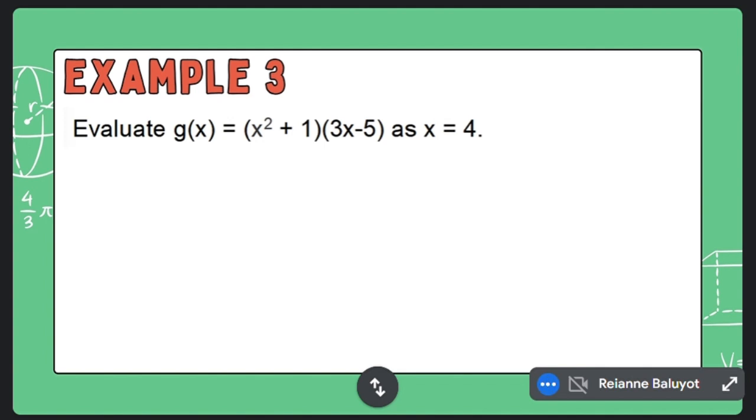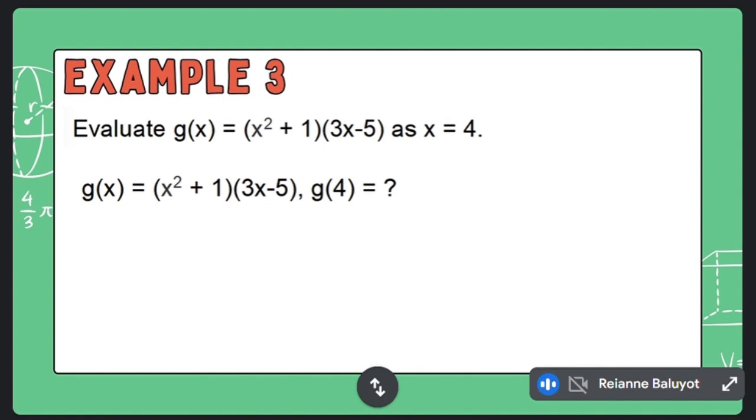If we simplify these binomials, it is an example of a cubic function. Instead of simplifying it like this or using the FOIL method, we can just substitute or replace the value of x directly.